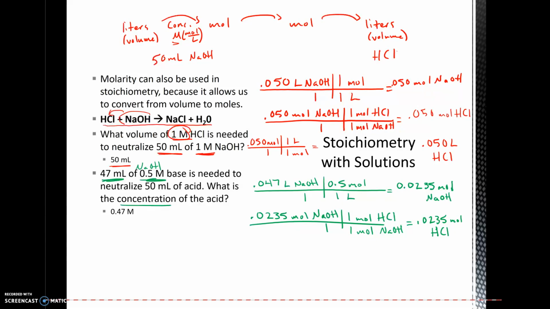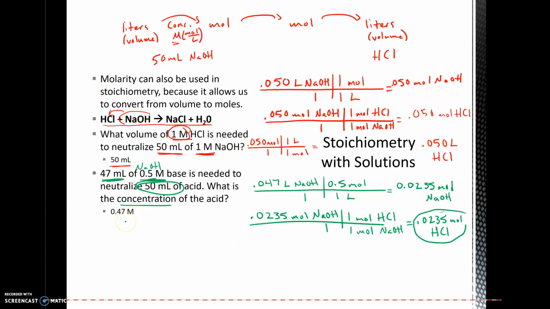Now this is where it gets slightly different. Since we don't have the concentration, that's what we're looking for, we have to do a slightly different final step. We have the number of moles here, and we have the volume in our problem. If we know the moles and we know the volume, we can fairly easily find the concentration.